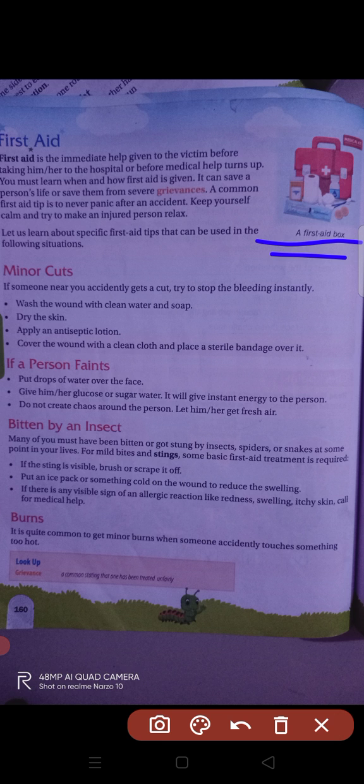It contains things like bandage, antiseptic lotions, scissors, etc. You should use this first aid box to treat all the persons.